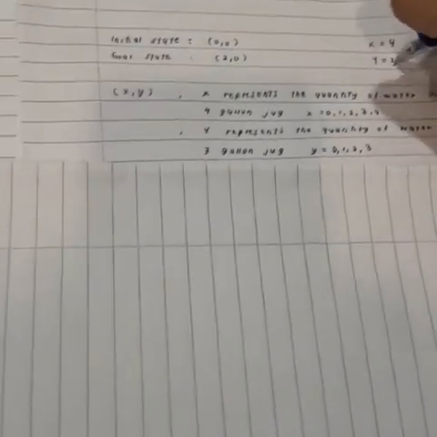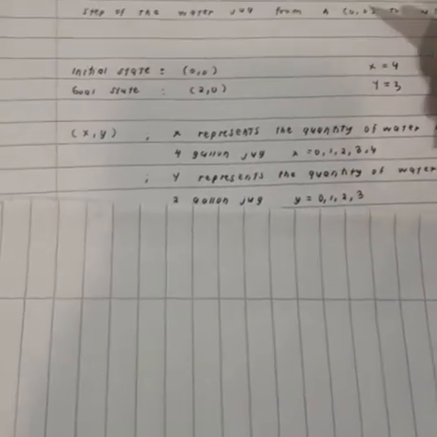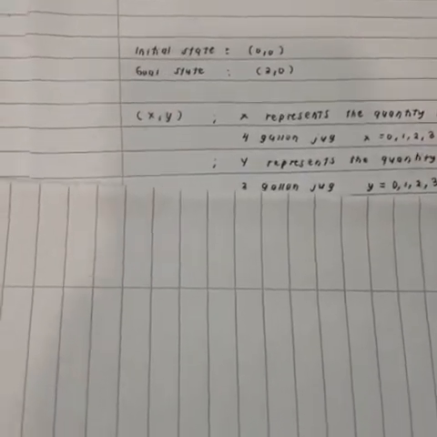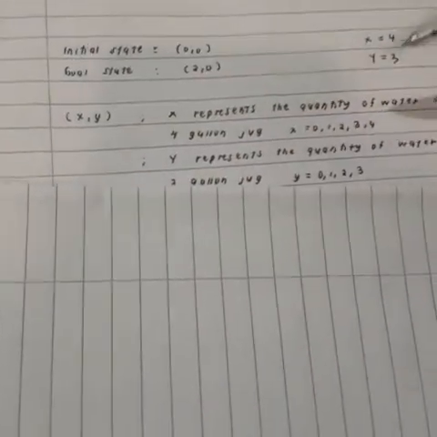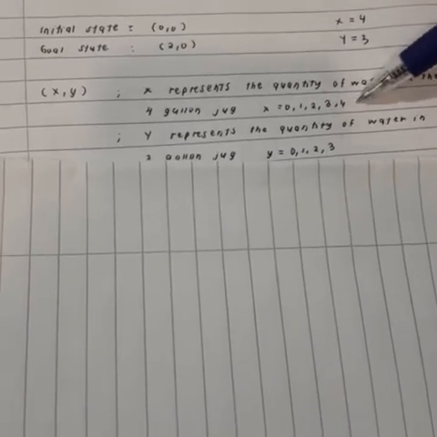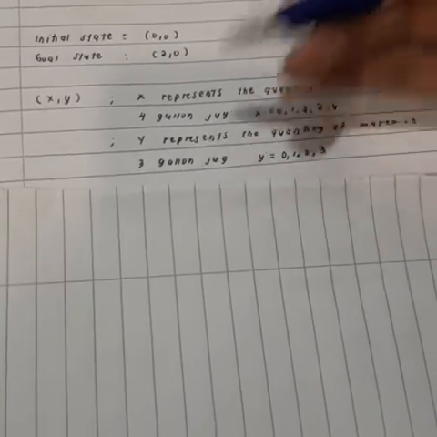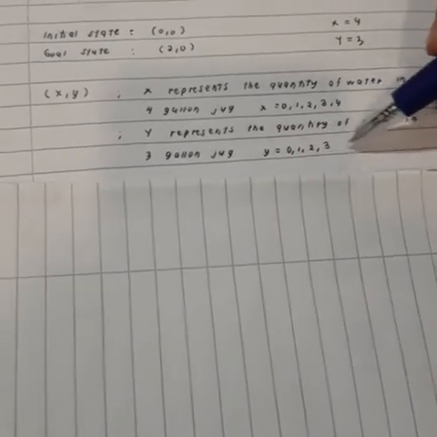I will just use x and y to make things easier. X represents the quantity of water, which is 0, 1, 2, 3, and 4, while y represents water in the 3-gallon jug, which is 0, 1, 2, and 3.